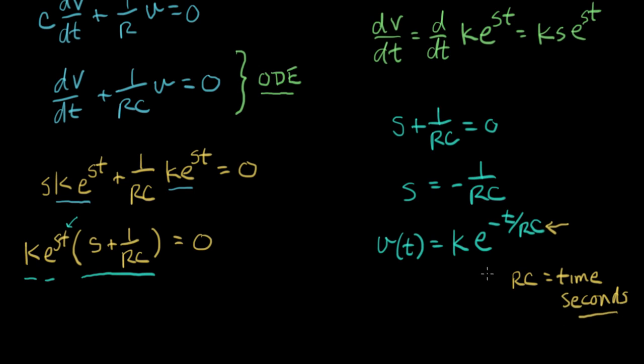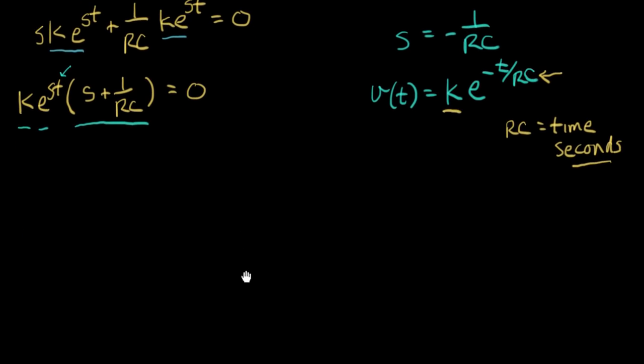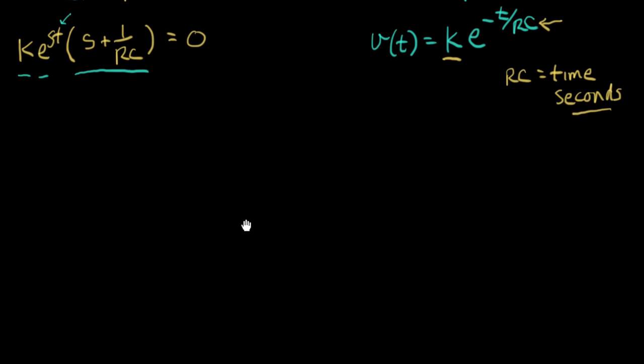Now we solve for s, and that means we only have to find k. Let's work on k now. k is a variable here, time is a variable, and voltage is a variable. If we knew v and t at the same time, we would be able to figure out k. And there's a time when we do know that, and that is t equals 0. At t equals 0, we know that the battery was hooked up, and there's a bunch of charge on the capacitor.